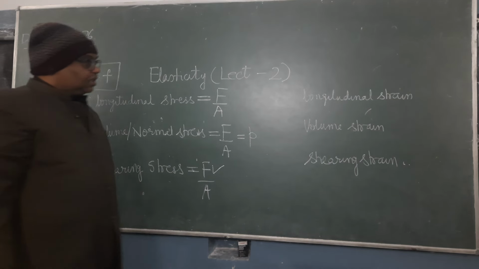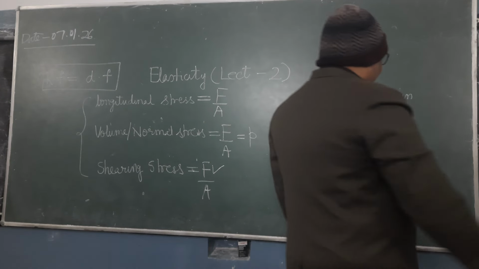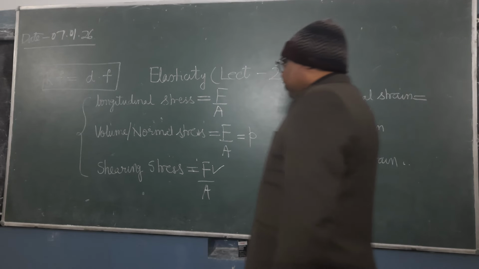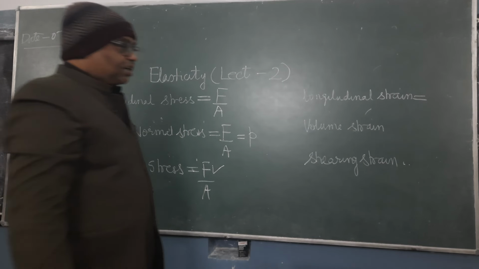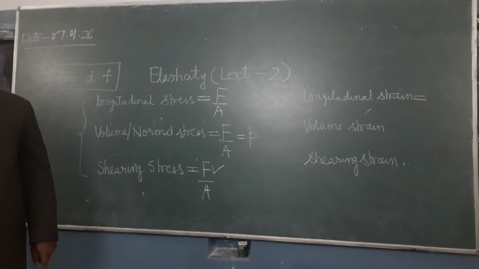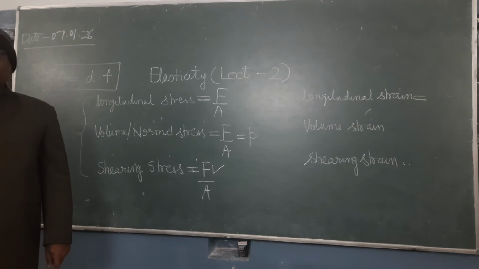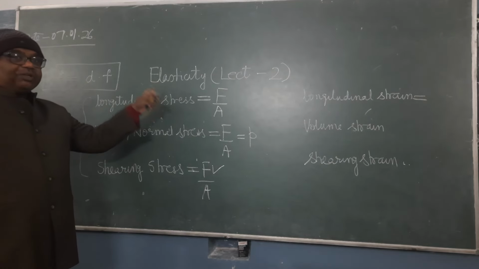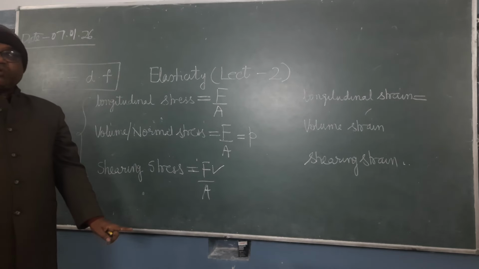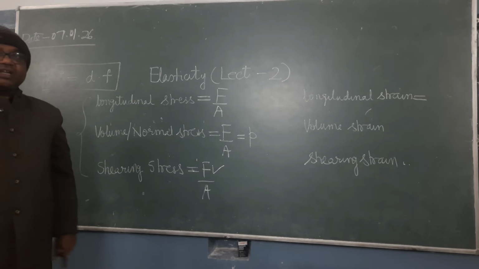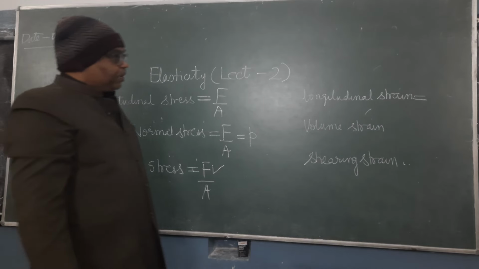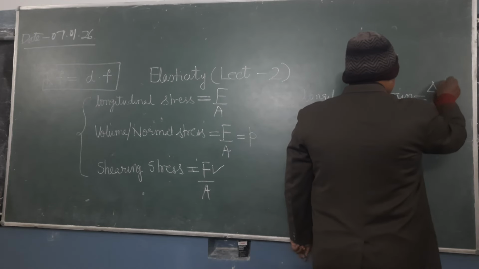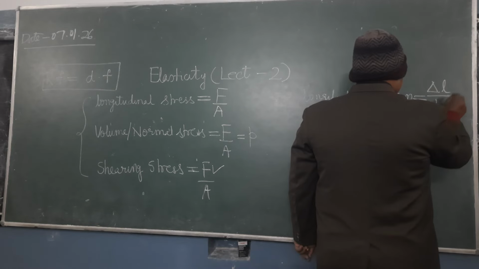Now longitudinal strain. What is the formula of longitudinal strain? Strain means it is the fractional change in the dimension of the body. So in case of the thin wire, dimension is decided by the length of the wire. So what will be longitudinal strain? It is the change in length upon original length.